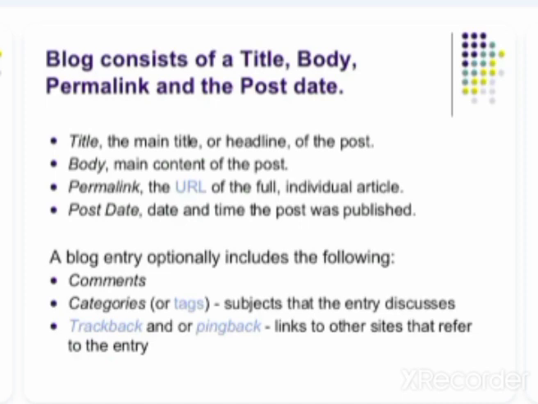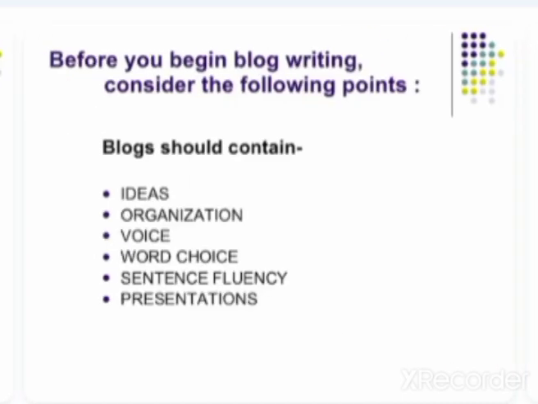If the topic is given for writing a blog, give a title appropriate to that situation or the context that is given. Then write a body which should be very crisp, brief. You can add a link. Date should be there. Comments, categories, tags, they are all optional things.